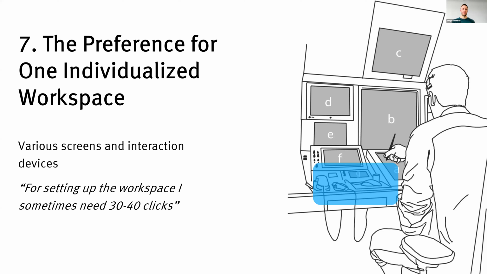Another insight was the preference for an individualized workspace. You already saw that they operate on 7 different screens at the moment. In their non-dominant left hand, they hold the push button for radio control.